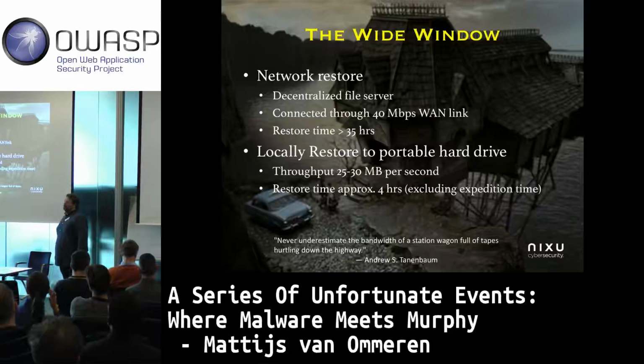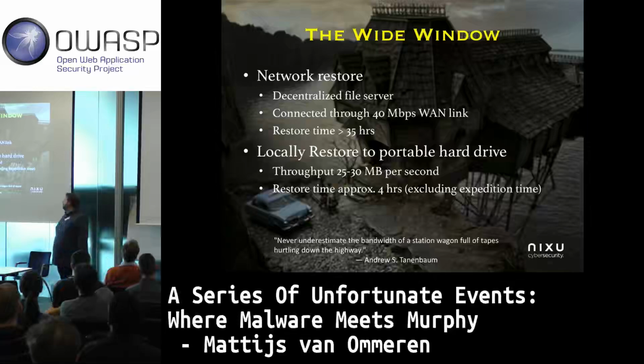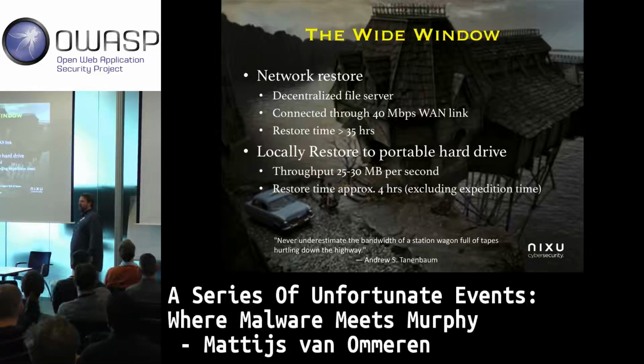Well, if your backup is stored in the vicinity, perhaps you can do the restore offsite as well and ship a hard drive to your file server and then restore locally. And that should be doable. Throughput about 25 megabytes per second. And that takes 4 hours. That's much more acceptable.